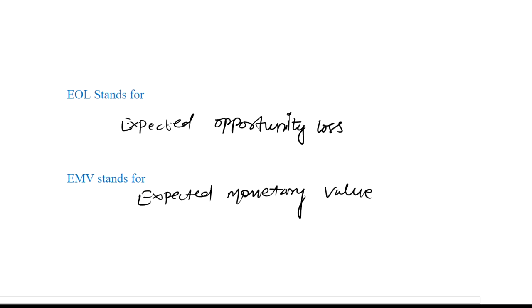Clear? Okay, let's move on to the next question. We have been using the terms EMV and EOL n number of times, but when it comes to what they stand for, we normally make a mistake. So please remember, EOL is expected opportunity loss and EMV is expected monetary value. Clear? Okay, let's move on to the next question.